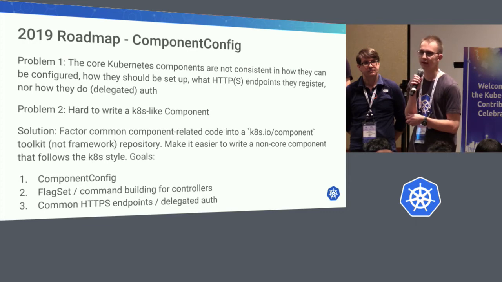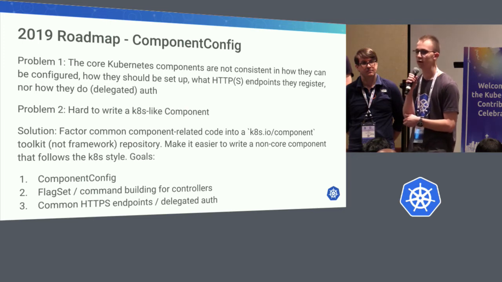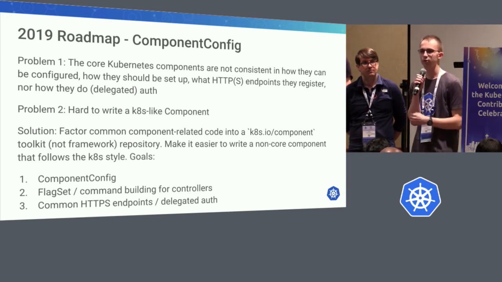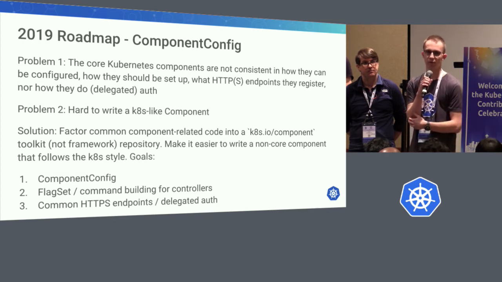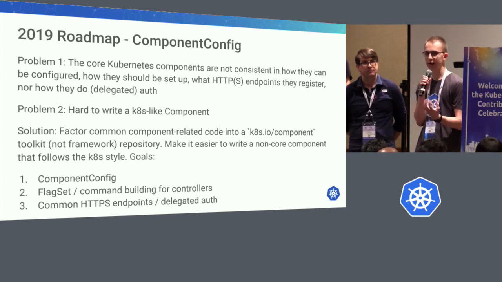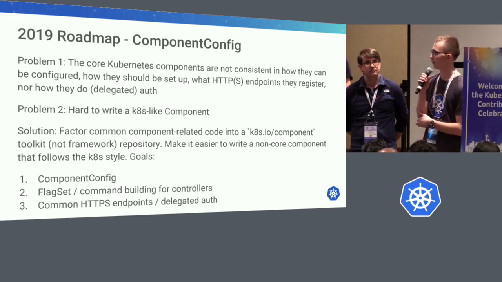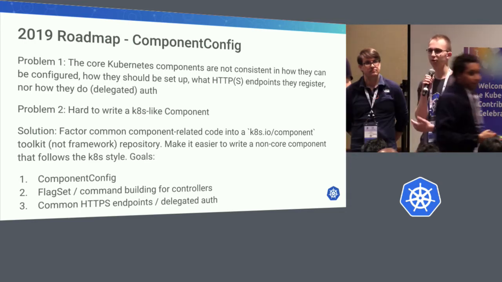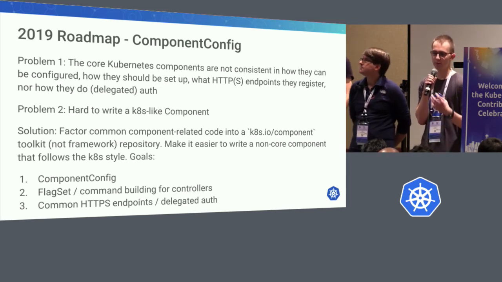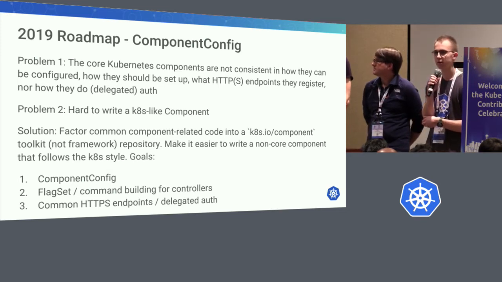So with this new component repo, or whatever it's going to be named, but something similar, we're working to extract what's needed to create some kind of Kubernetes-like component that has the same look and feel, for example, that reads structured and versioned configuration from disk and uses that for its own configuration, and then doing stuff like common HTTPS endpoints, delegated authorization and authentication. So to exec out to the API server and say, is this client allowed to access my interface? Things like that.